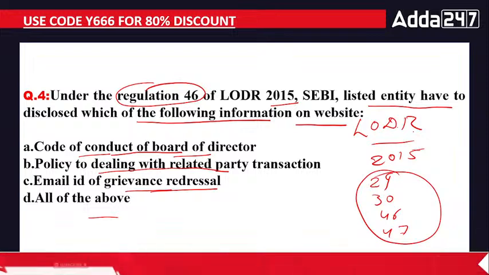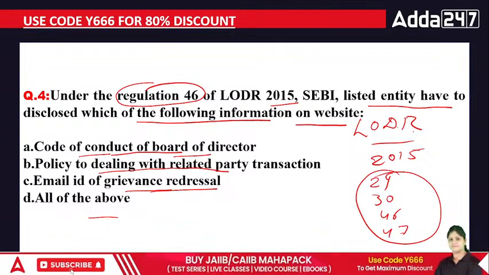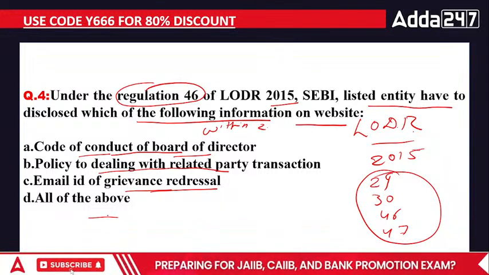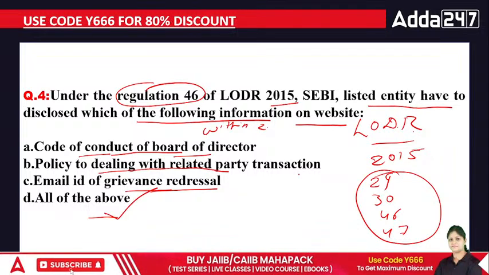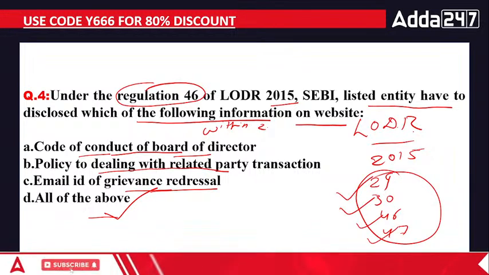There are so many items which you need to disclose on your website within 2 days of its change. That means all of the above is the right answer. So please remember all the regulations 29, 30, 46, 47.